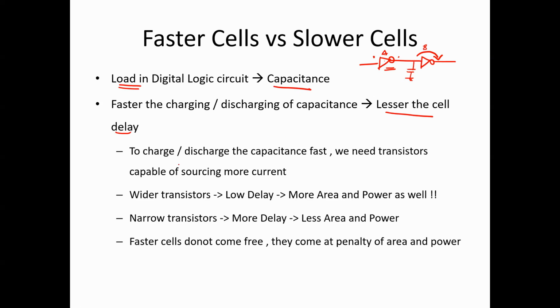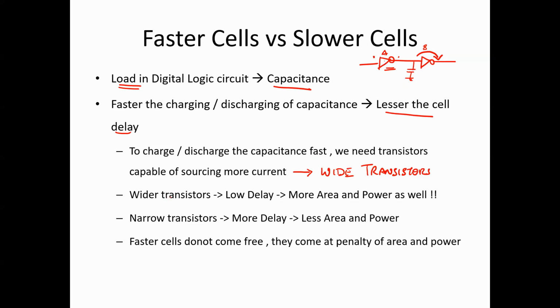So if I want to charge or discharge the capacitance fast, we need more current sourcing capability, and more current sourcing capability means wide transistors. Correct? Because the current carrying capability of a transistor is a function of its width.